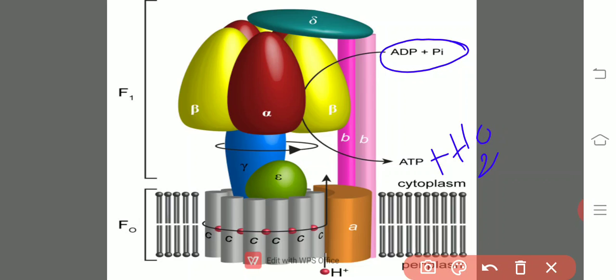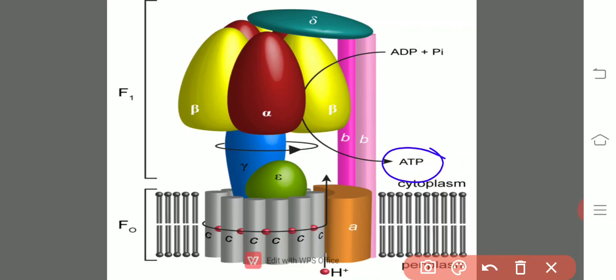Although ATP is formed on the catalytic site of the beta subunit, the synthesized ATP molecules may not be released from the surface of the beta subunits, otherwise, from the ATP synthase enzyme.